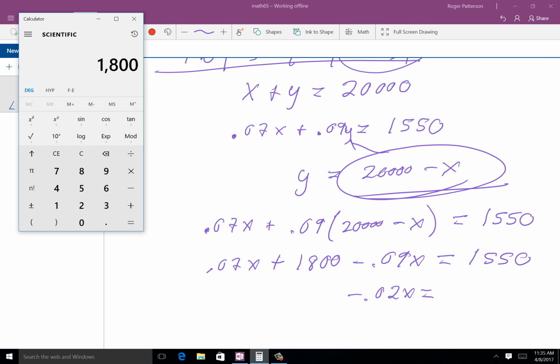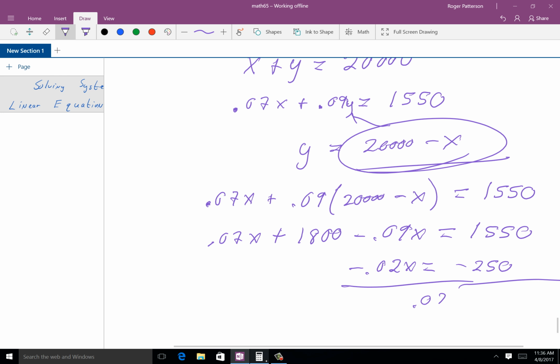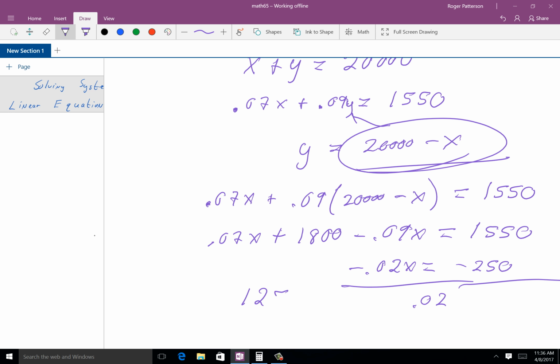1550 minus 1800. Divide. So it looks like x is going to be 12,500.